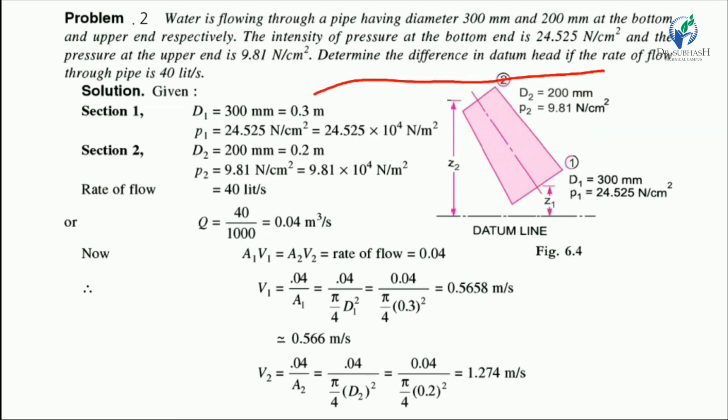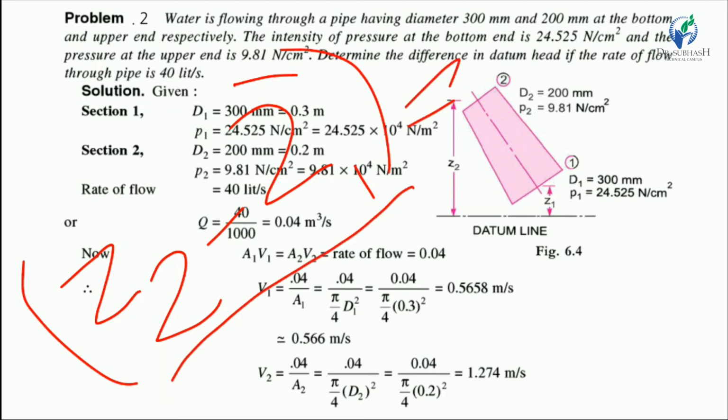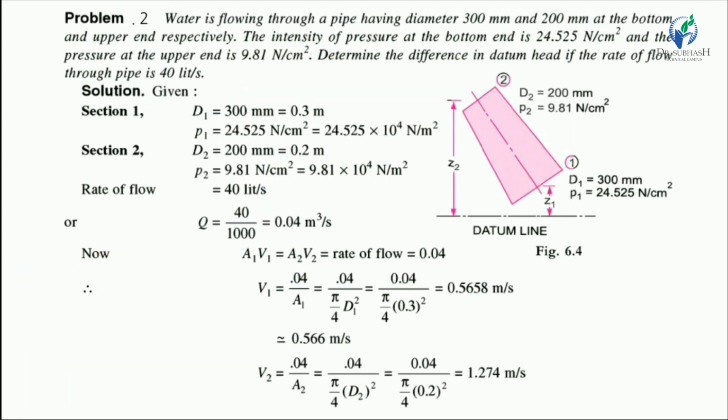Determine the difference in datum head if the rate of flow through the pipe is 40 liter per second. The rate of flow Q is given as 40 liter per second and we have to find the difference in datum head, the value of Z2 minus Z1, the datum difference.